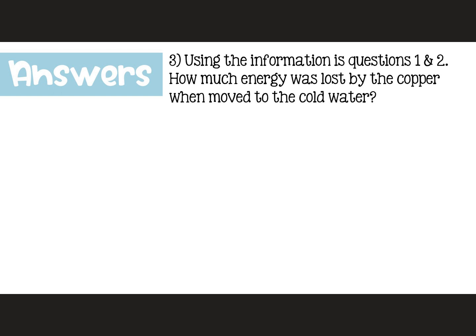Now, according to the answers to the last two problems, how much energy was lost by the copper when it was moved to the cold water? In order to determine this, we first have to determine the change in the heat energy of the copper due to its temperature change.